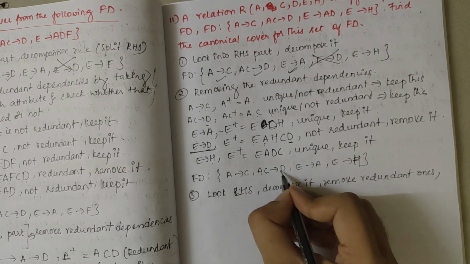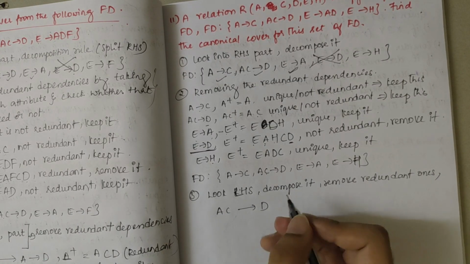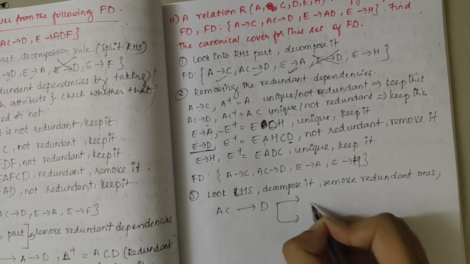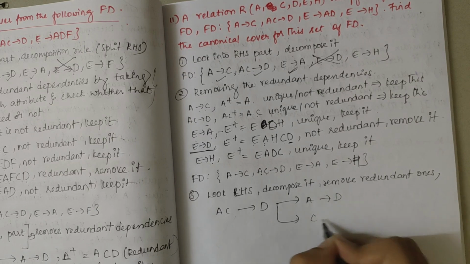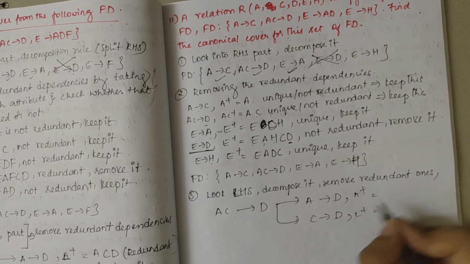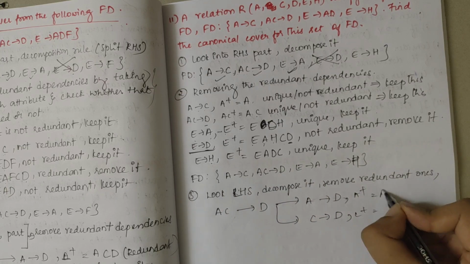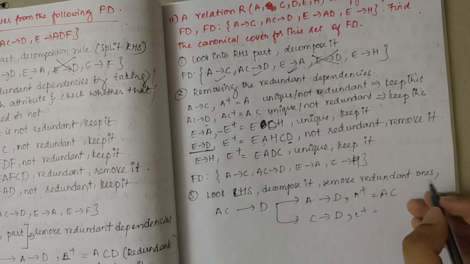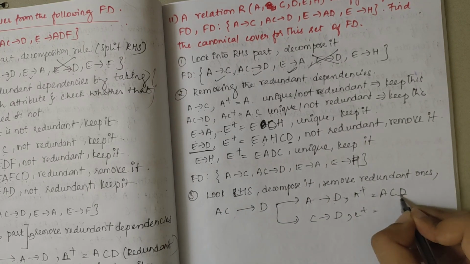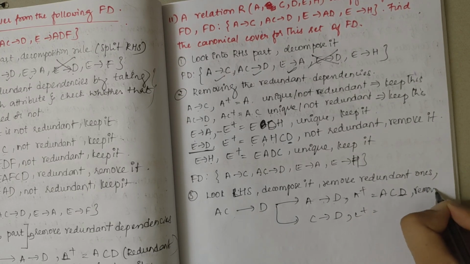So here I have AC determines D. For this I can split it as A determines D and C determines D. Now A closure I'll write, C closure I'll write. A closure without this would be A determines C and AC determines D. So without this also I have obtained D. So this is redundant. I need to remove this.